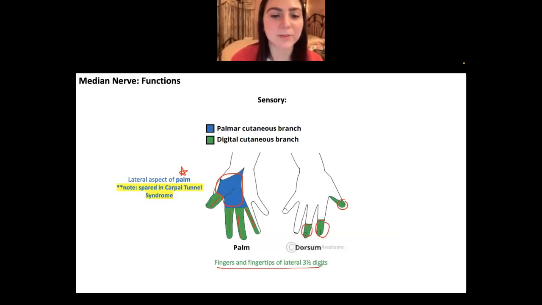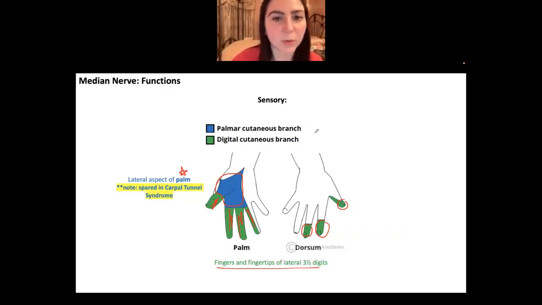So fingers and fingertips of lateral 3.5 digits. Again, the radial nerve did the dorsum of the lateral 3.5 digits. The median nerve is doing fingers and fingertips anteriorly, so the palmar side of the palm, and the fingertips, obviously, on both sides of the lateral 3.5 digits.